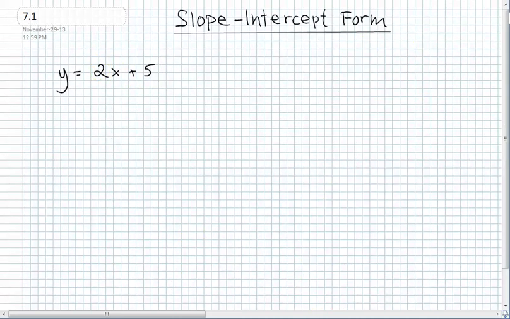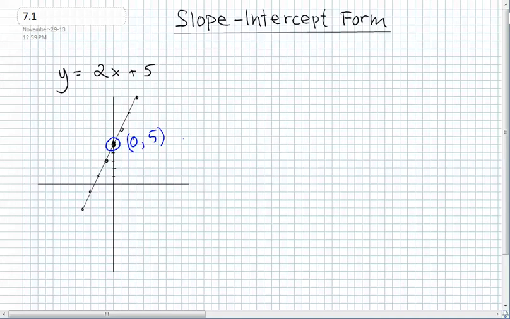In other words, if we just look at this and put it on a graph, I plot those points on an axis, it would look like that. I just chose a bunch of points, and you'll notice that right here is where it crosses the y-axis. The coordinate of that point is 0, 5. Okay?